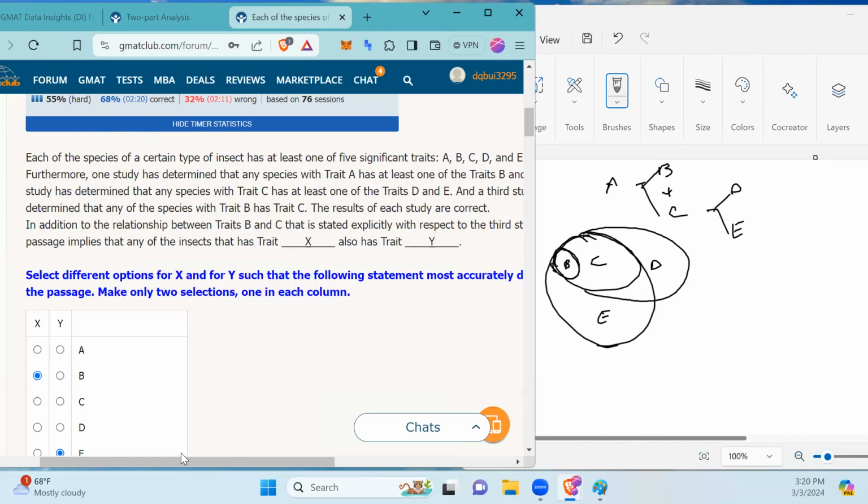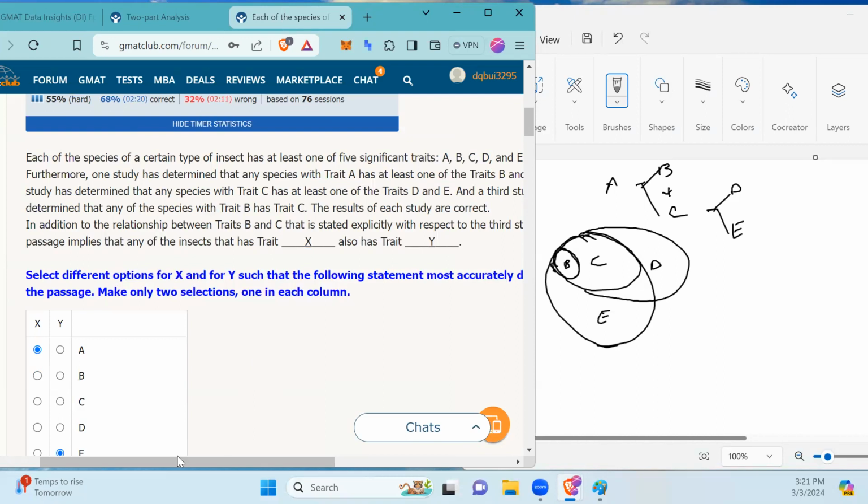So we can figure out that X is going to be a subset of Y, right? And then we consider A. So you're considering A for X. If an insect has trait A, what other trait should it also have?